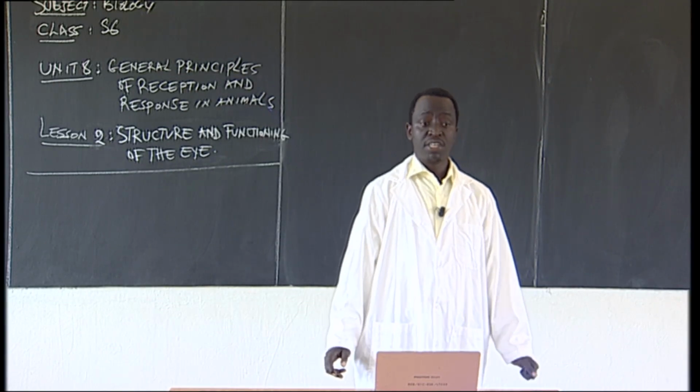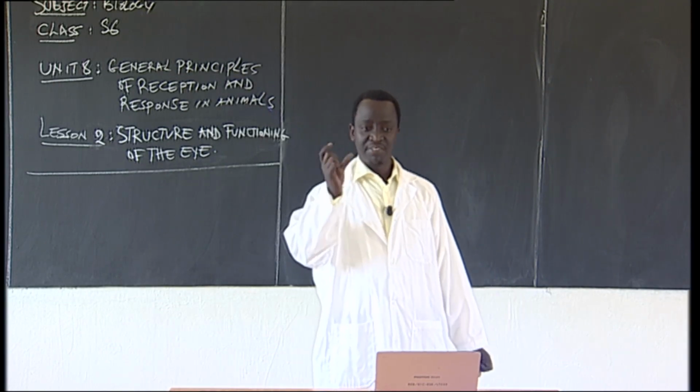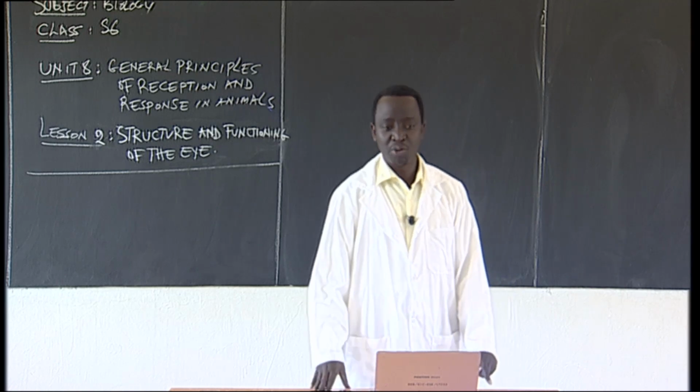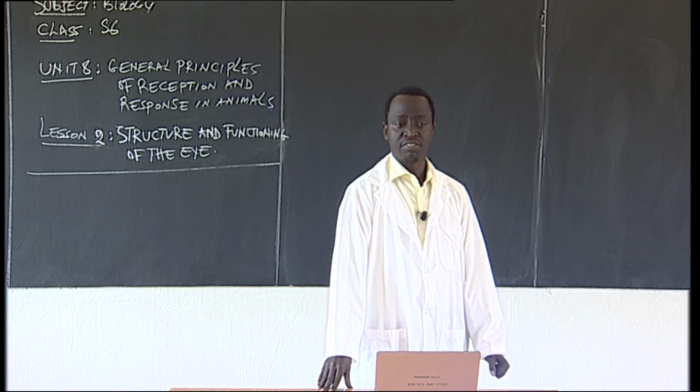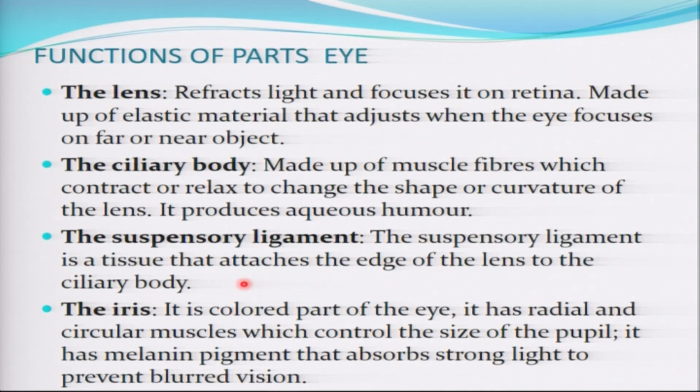Finally, we have what you call the iris. It is the colored part of the eye, as I have said. It has radial and circular muscles which control the size of the pupil. It has melanin pigment that absorbs strong light to prevent blurred vision.